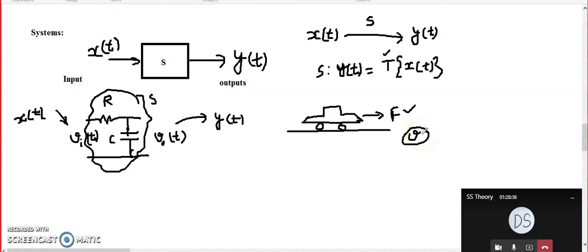Generally there can be many-input, many-output systems, but we will be concentrating on single input, single output systems. Okay.